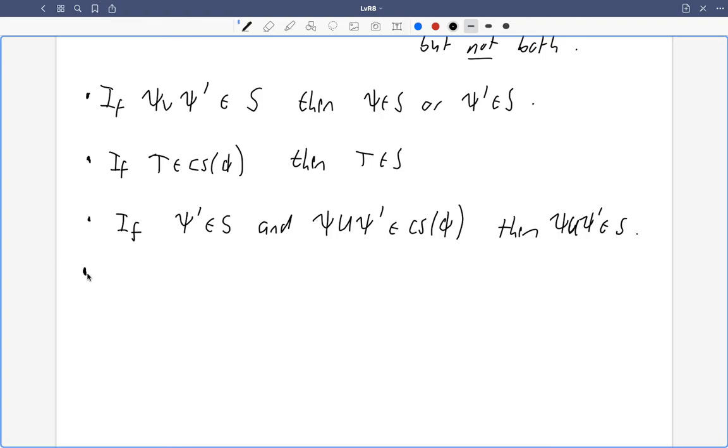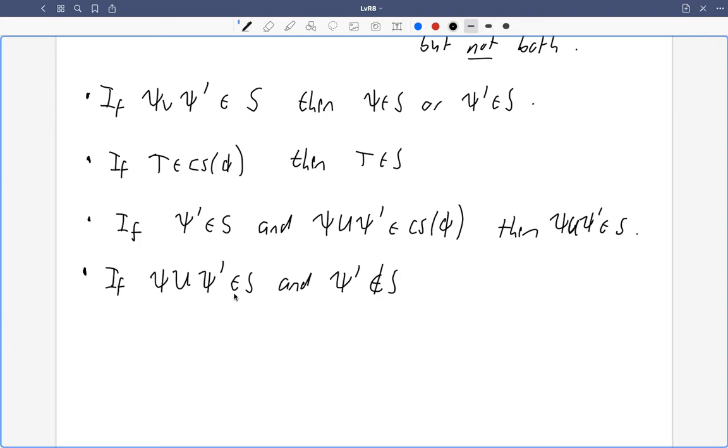And another condition in the other direction is that if psi until psi prime belongs to S and psi prime does not belong to S, so it is one of the complemented subformulas of phi.